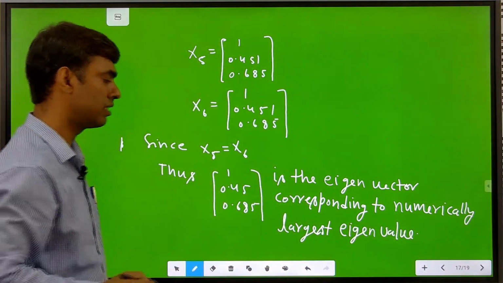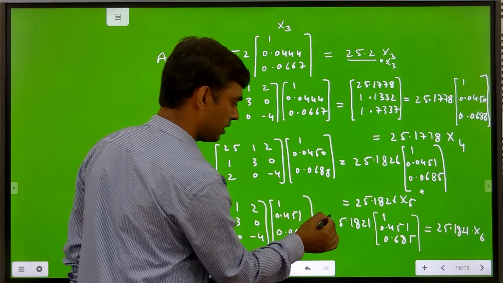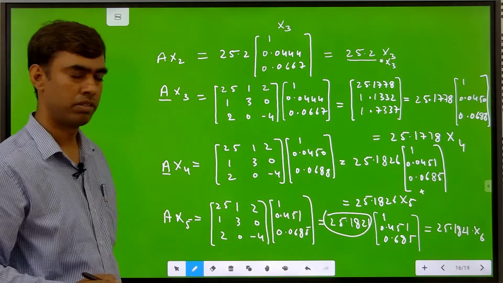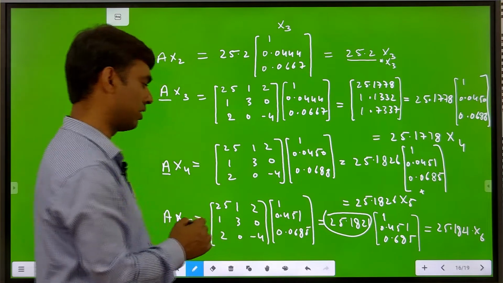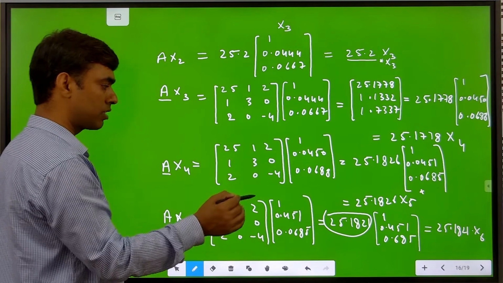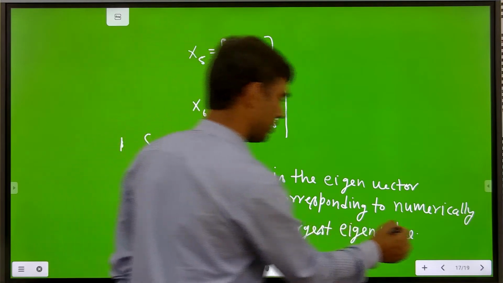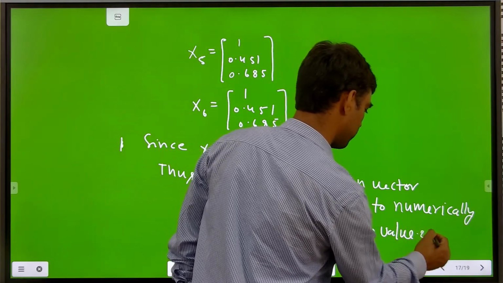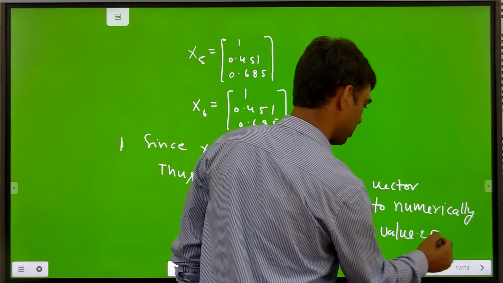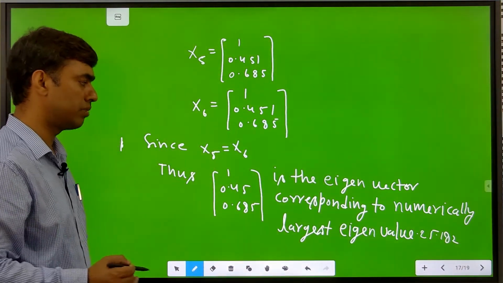Where is the numerically largest eigenvalue? This factor is the numerically largest eigenvalue, because we found Ax5 equals lambda x6, here 25.182. So this one is the largest eigenvalue.